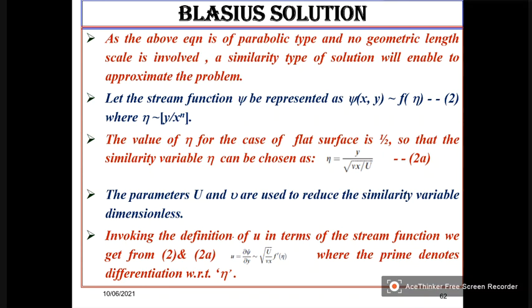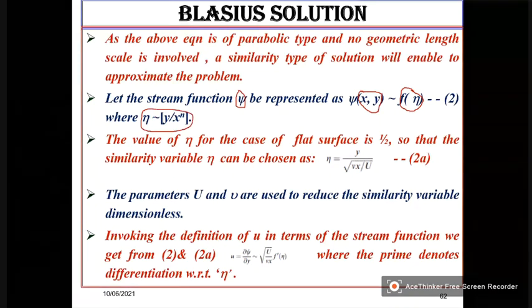So now we consider the stream function psi. Stream function psi is definitely a function of x and y. So what we do is we write it as a function of eta, and eta we write as y by x to the power of n.